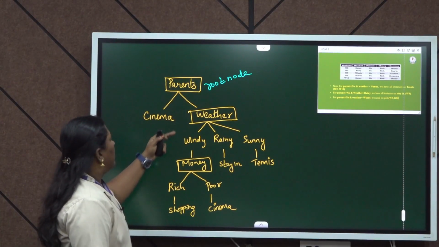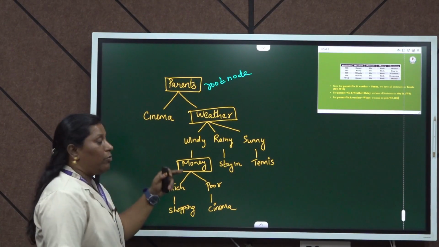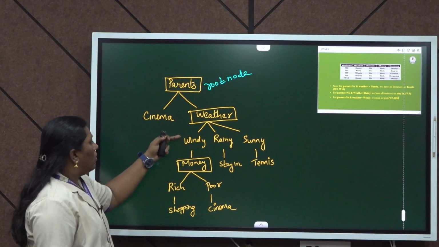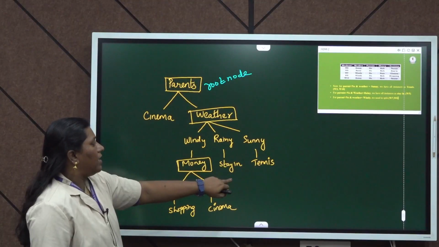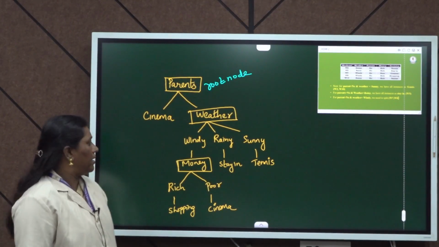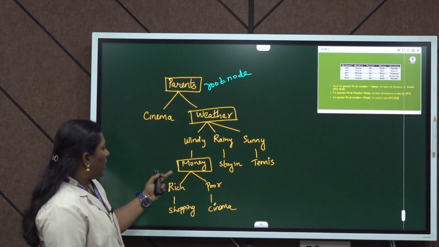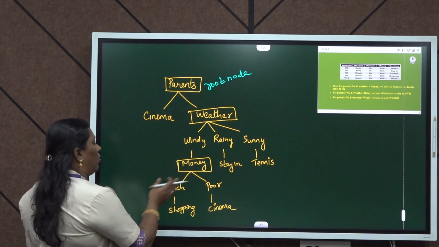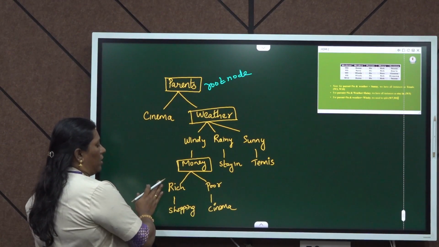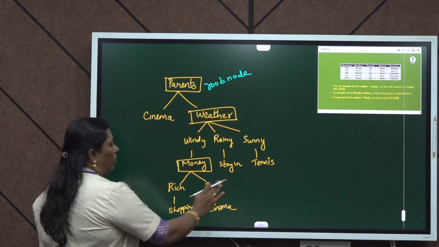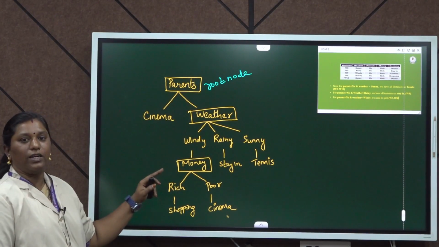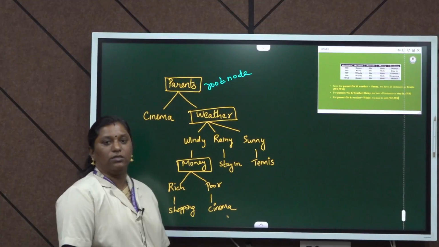For weather, there are the values rainy, windy, and sunny. The rainy is associated with staying in and the sunny is associated with tennis, as we calculated. Then considering the money, there are two variables called rich and poor. The rich is associated with shopping and poor is associated with cinema. Finally, the tree is constructed based on the above calculation.